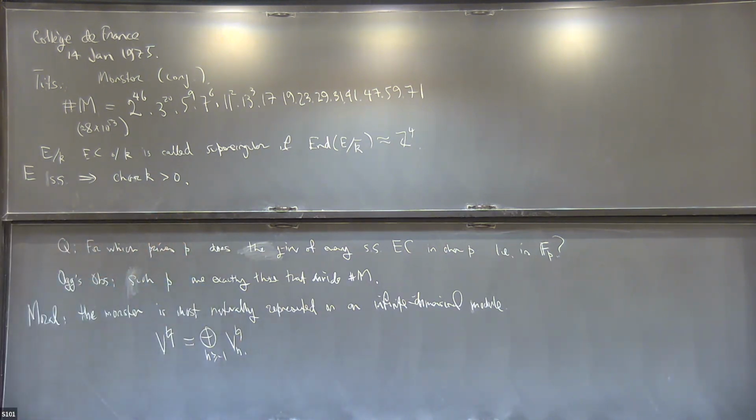By the way, the existence of the monster was established here at the Institute, in 1979 into 1980 by Bob Griess, and maybe would not have been established without the Institute.